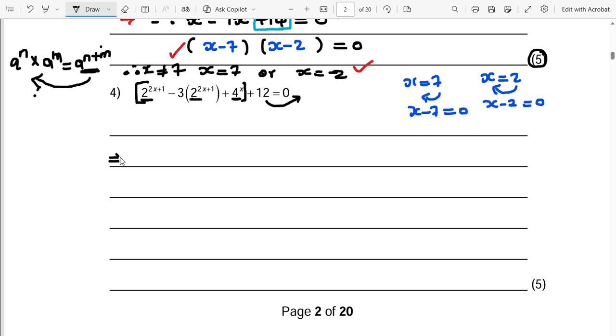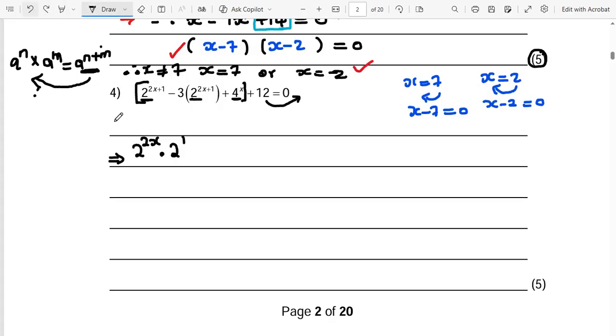So when I say reverse it, I'm going to write the 2 as 2 to the 2x multiplied by 2 to the power 1, because if I add this, it will give me that term that you see there. I hope this makes sense. So now I have minus 3, times, reversing that law again, 2 to the 2x times 2 to the 1.